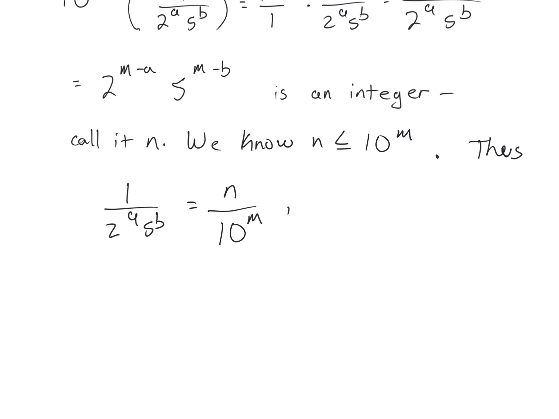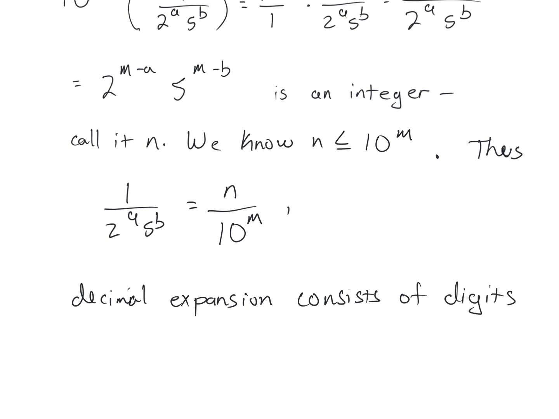The decimal expansion consists of digits n, possibly being preceded by some 0.